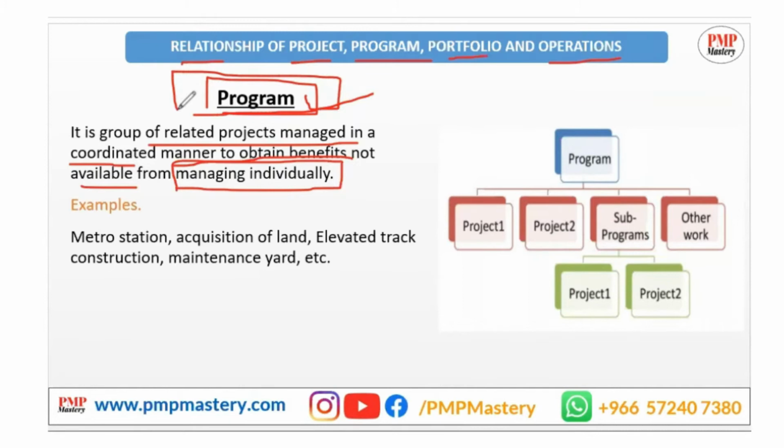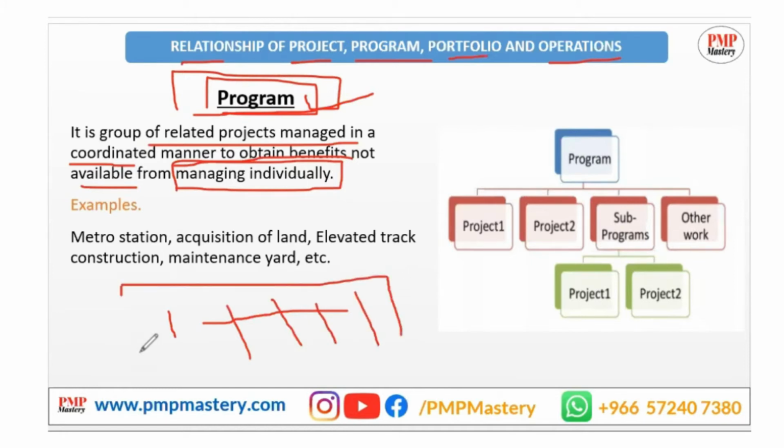You form a program when you have related projects, multiple related projects. If you have only one project, that will be individually handled and managed. But if you have some related projects, then you can form a program, and under the program you can manage all those related projects.